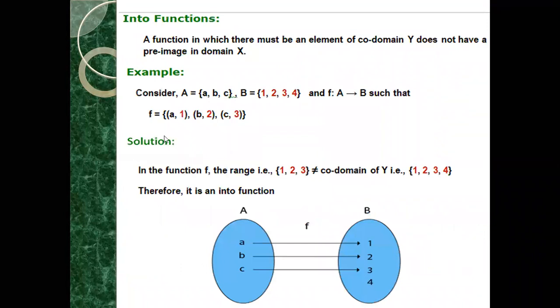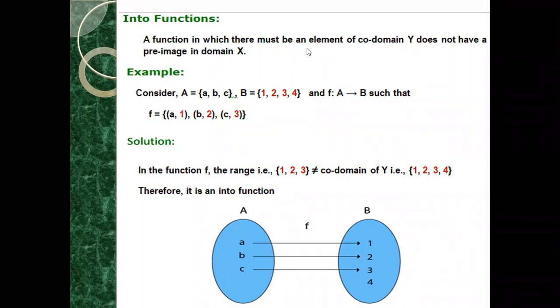Next one, into functions. A function in which there is an element of the codomain Y that does not have a pre-image in the domain X. So what is into?